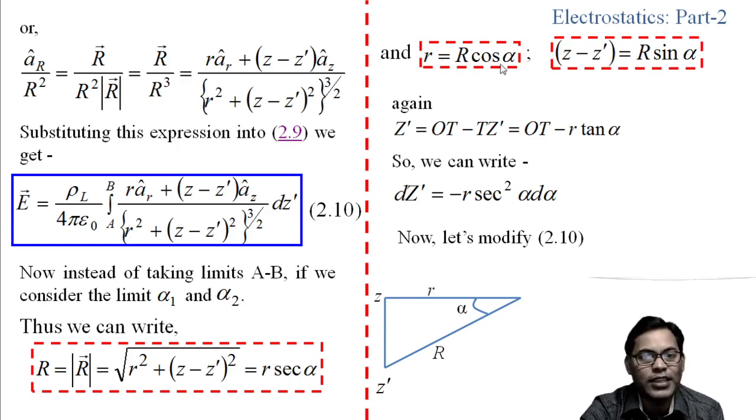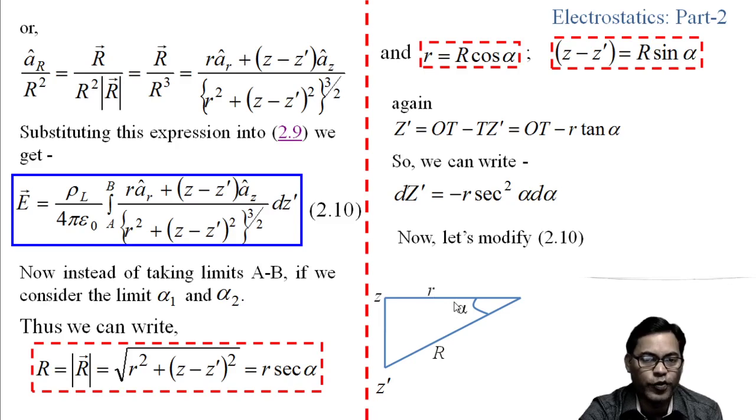Now again you can see how we are getting this distance z minus z prime. So z minus z prime by capital R equals sin alpha. From that, z minus z prime equals capital R sin alpha.